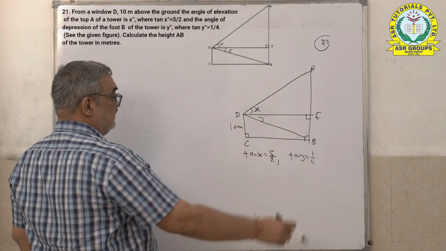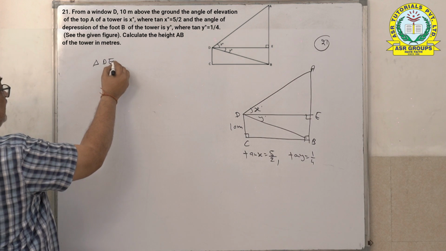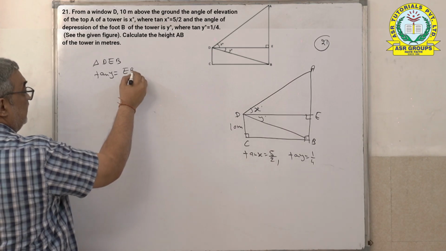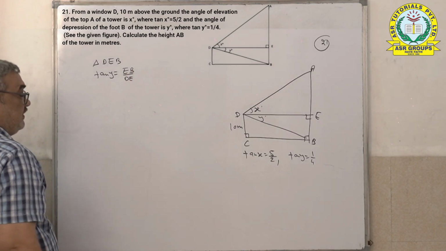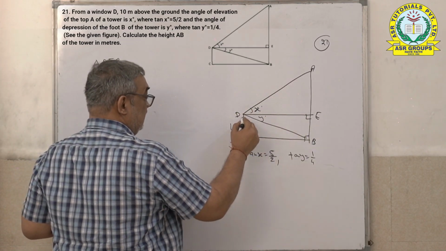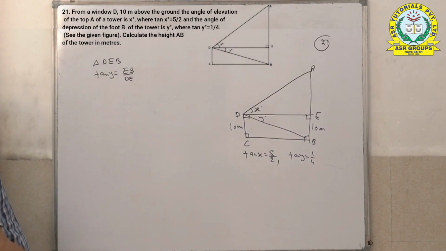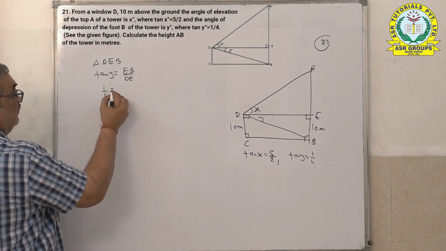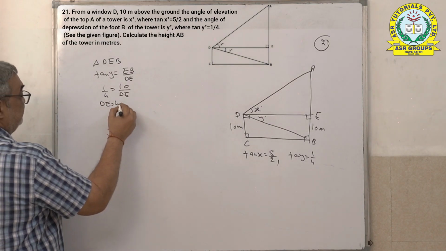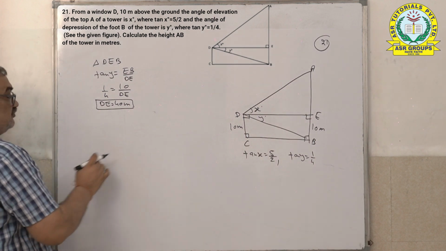First I'll use tan Y. In triangle DEB, tan Y is EB upon DE. DEBC is a rectangle, so this is also 10 meter. Tan Y is 1/4, so 10 upon DE. DE is 40 meter. So this I got.